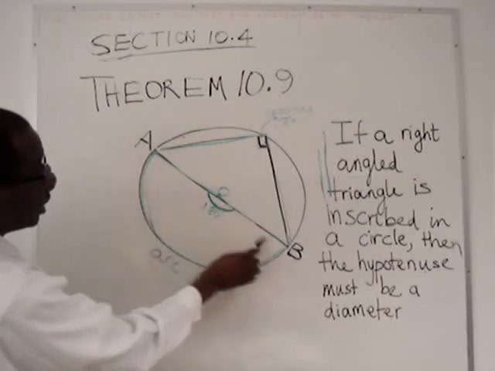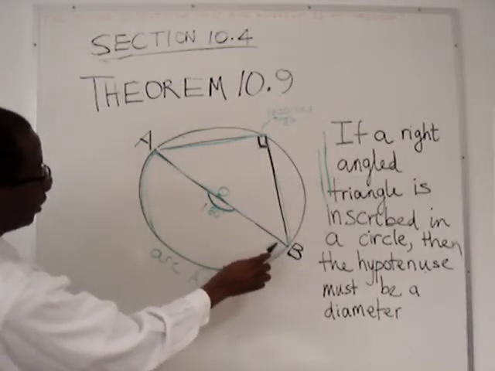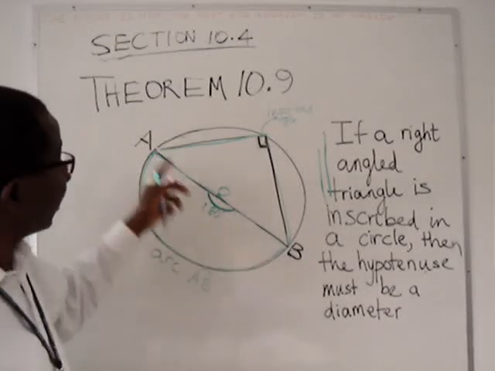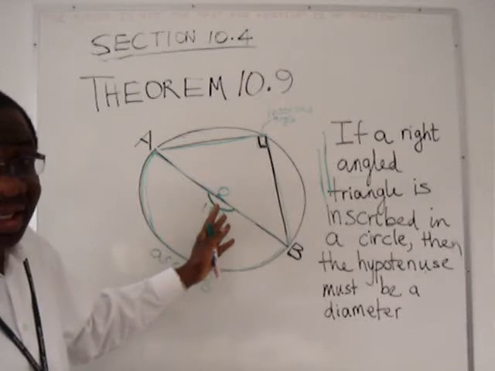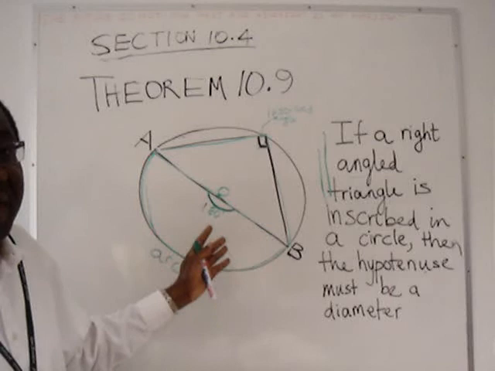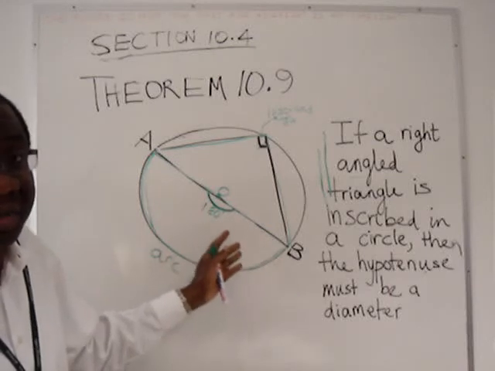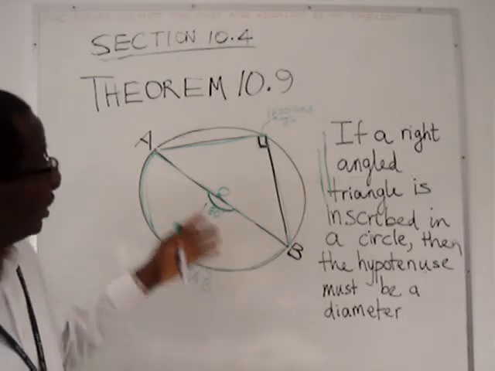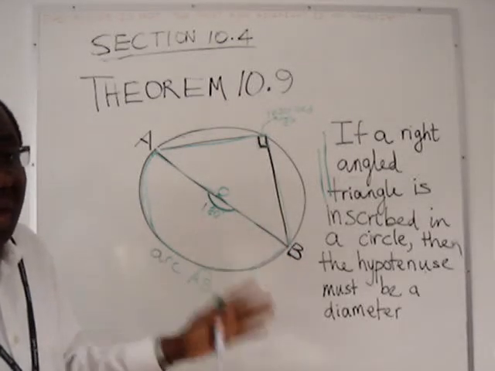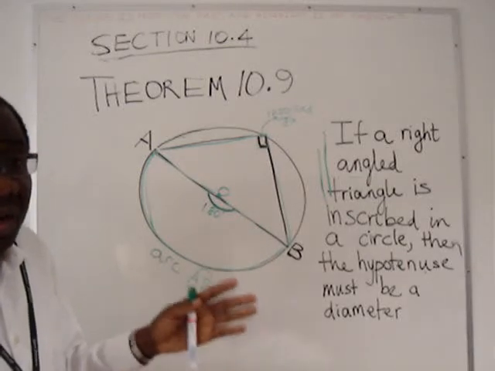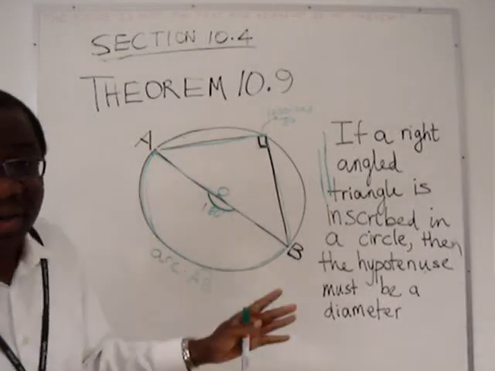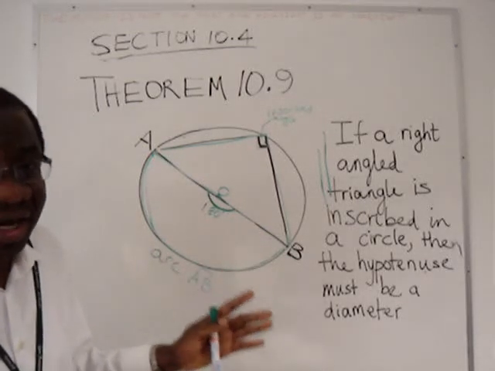The corollary says, if the diameter of a circle is one of the sides of an inscribed triangle, then that triangle must be a right-angled triangle.